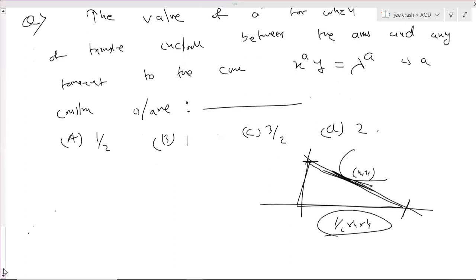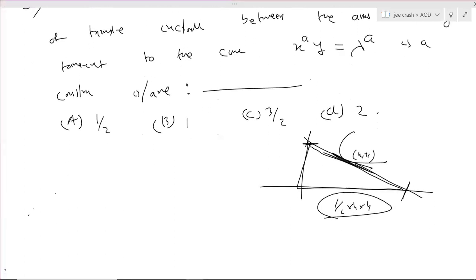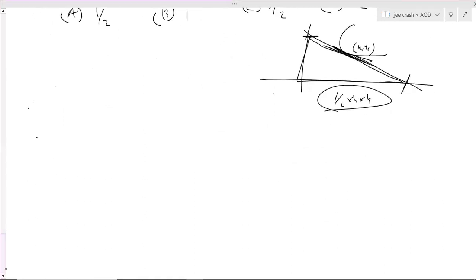See how we are going to solve this. The given curve is x to the power a y equals lambda to the power a.